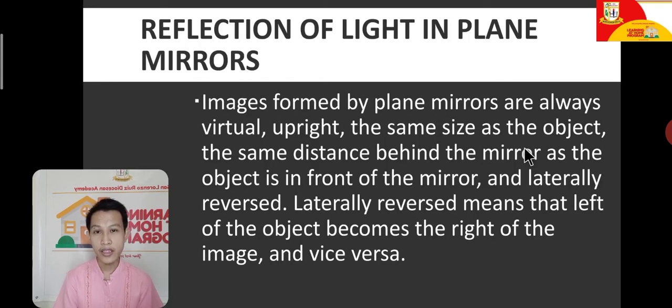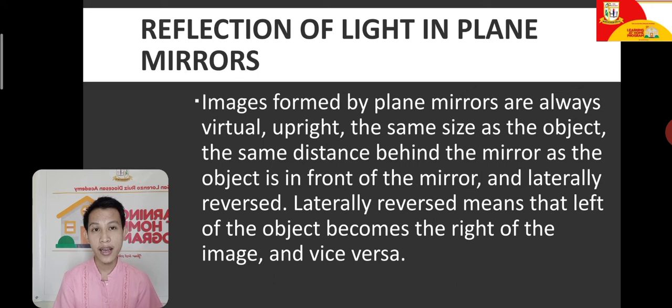So, what are the characteristics of images formed in plane mirrors? Okay? Sa mga mirrors, may mga characteristics tayong kailangang i-define sa discussion natin. So, unahin natin nga, since our first lesson is plane mirror, ano nga ba yung mga katangian ng mga images na mabubuo sa may plane mirrors natin?